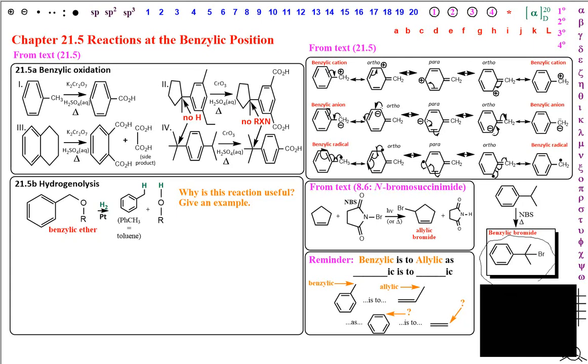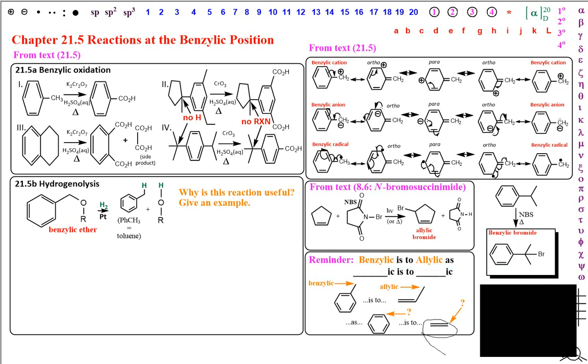And this is a useful synthetic outcome. Before we move on, a reminder, we're supposed to know what benzylic means. That's a position 1 off of a benzene, as allylic is a position 1 off of this group here.